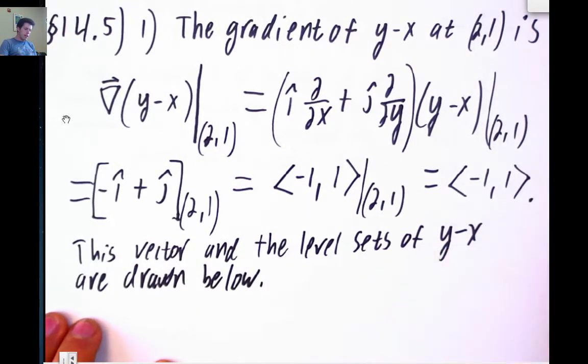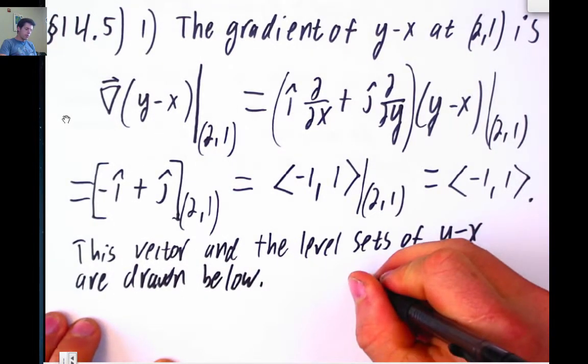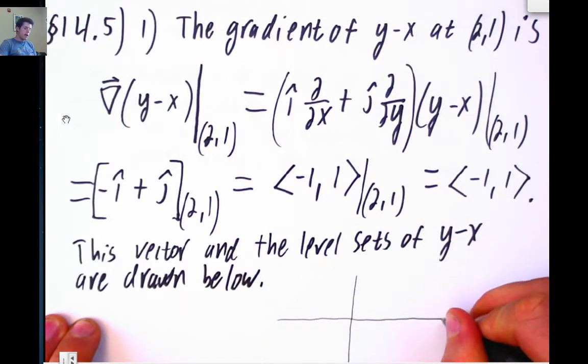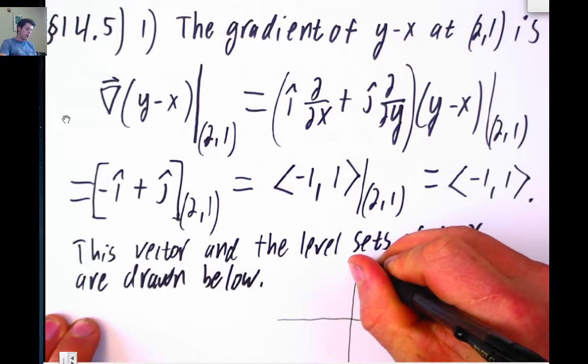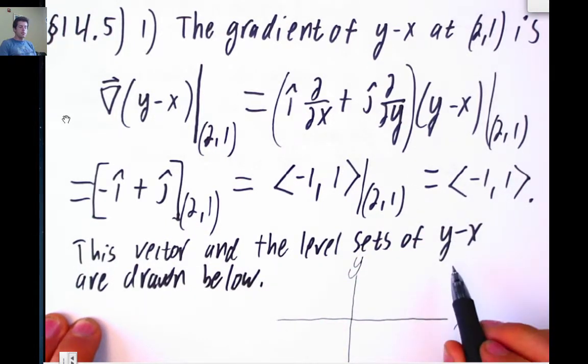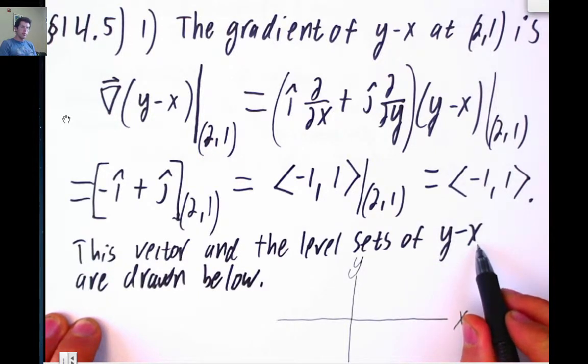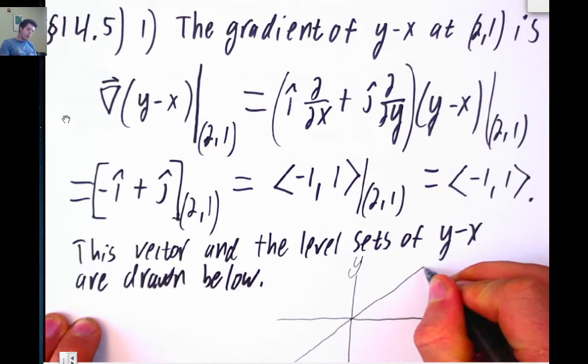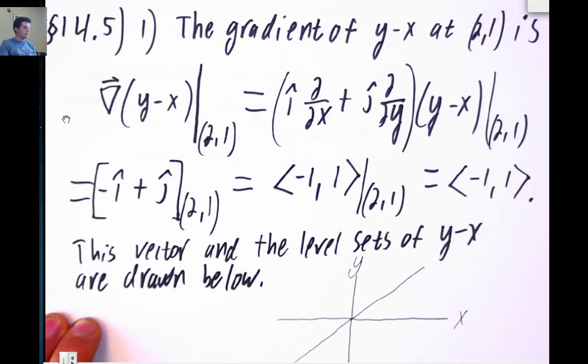Okay, the level sets of y minus x, that's a function in two variables. The level sets are subsets of the domain. Here's the x-axis, here's the y-axis. Let's see, the level set corresponding to 0 is the solution set to the algebraic equation y minus x equal to 0, which is, oh, maybe I should do this in color.